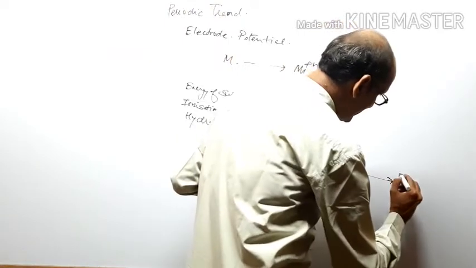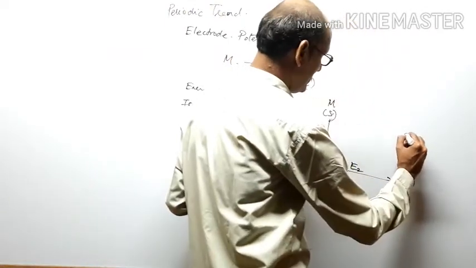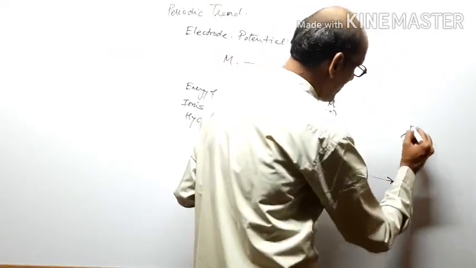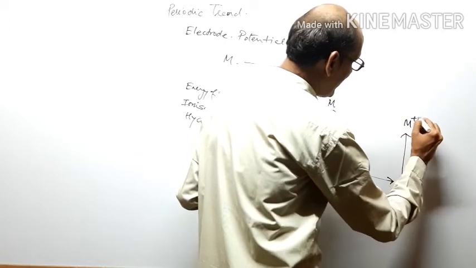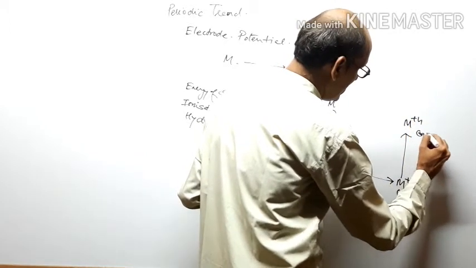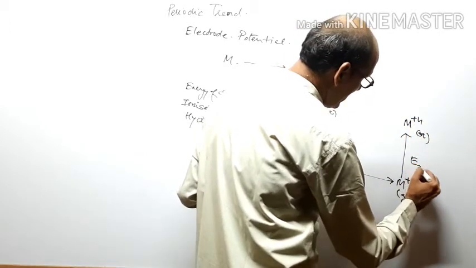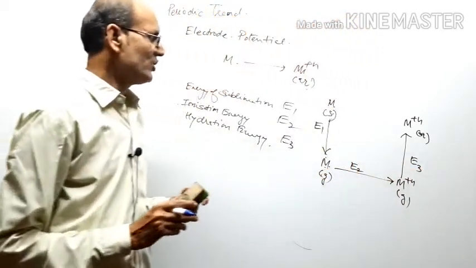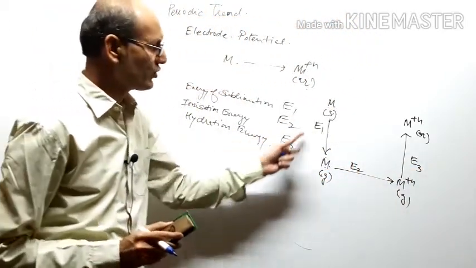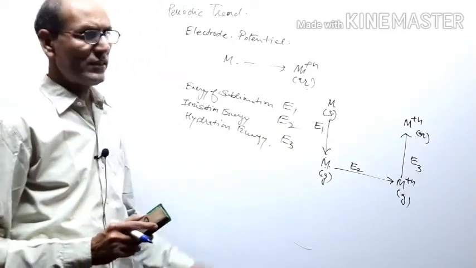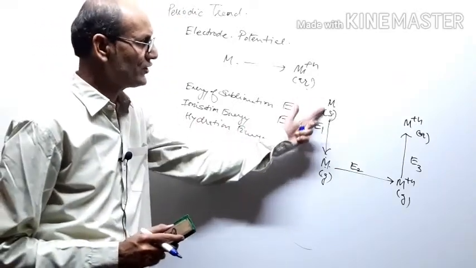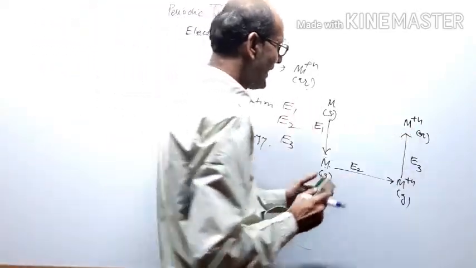And third one is gaseous ion to aqueous ion. That's mean E3, energy of hydration. That's mean total three types of energy are required to convert from metal solid to metal aqueous ion.